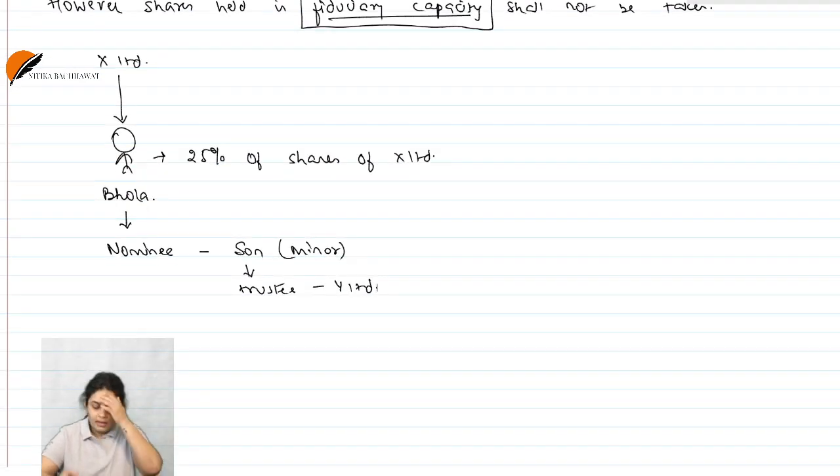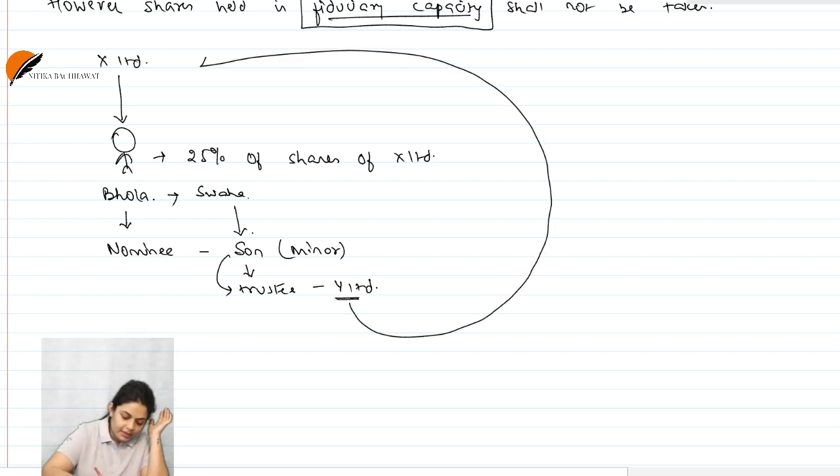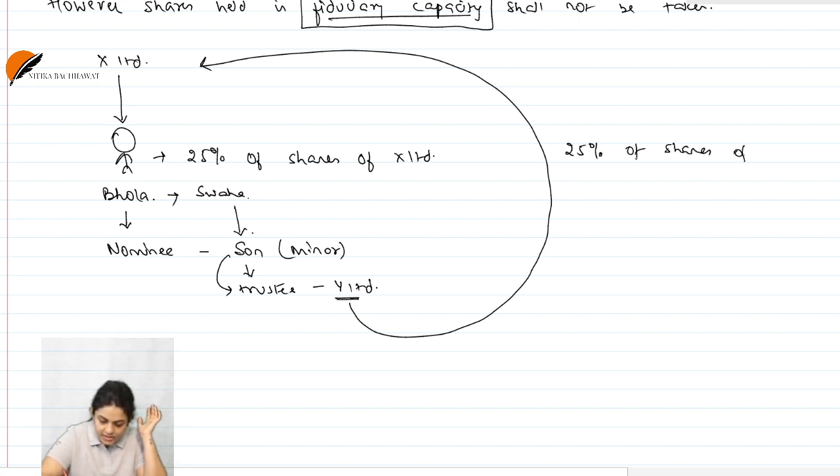Absolutely yes. Now what happened was Mr. Bhola passed away. So when Mr. Bhola passed away, the shares will go to his son. Son is a minor, so it goes to the trustee Y Limited. Now Y Limited is holding 25% of equity shares of X Limited.